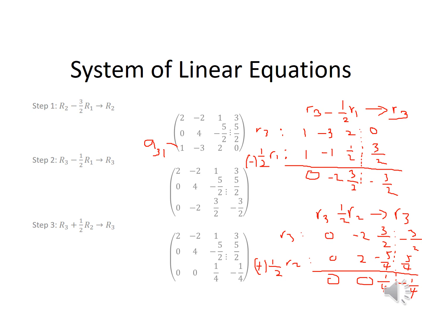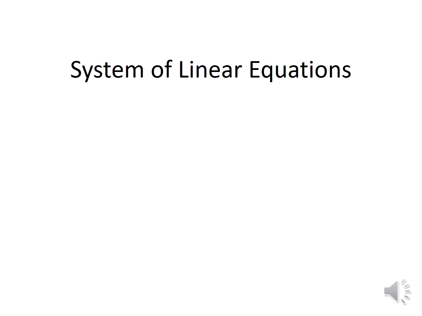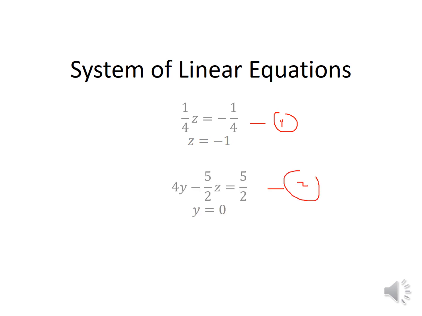Look at the next page. The first equation, the second equation, and the third equation from row echelon form. From the first equation, you can get the z value. The z value is negative 1. After you obtain the z value, you substitute into the second equation.